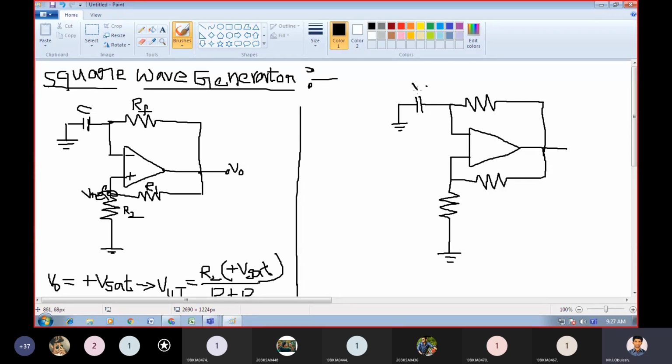So here in the capacitor, the voltage VC will be charging. This is the negative and positive terminals of the capacitor. Here this is the inverting and non-inverting, R1 and R2. You know it is the V0. The above resistor is a feedback resistor.